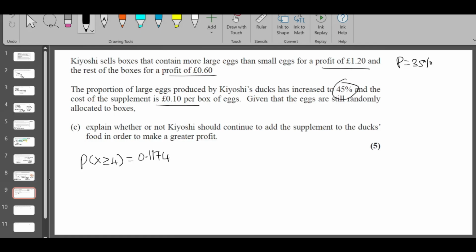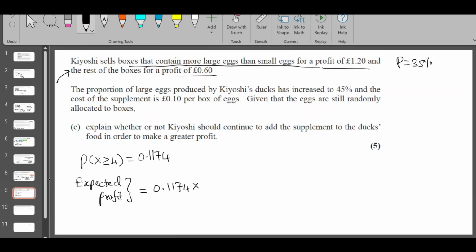Okay, let's find the expected profit for both scenarios. For the first one here, the expected profit is equal to this probability times, because the boxes that contain more large eggs are sold for a profit of this 1.20, plus the rest of the boxes are sold for this amount.